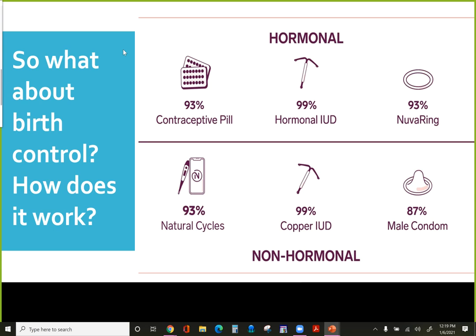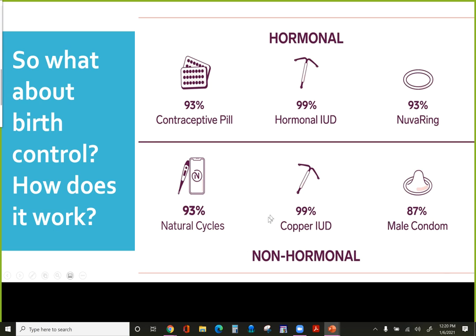So there's hormonal birth control that mimics and messes with those feedback cycles that we just talked about that influence ovulation. There's also non-hormonal birth control methods. So when we say non-hormonal, we mean understanding what part of the cycle you're in, so avoiding sex during times when you could conceive.